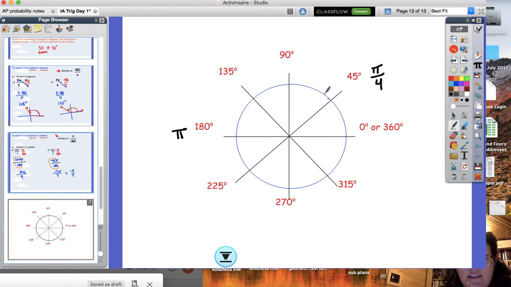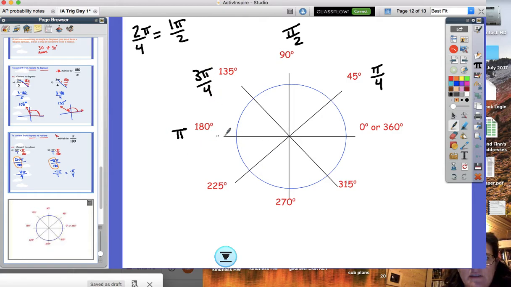90 degrees, do you see that's halfway to pi? That's pi over 2. Half of pi. So if this is 1/4, then this is technically 2/4. That would reduce down to 1/2. So I'm going to use the reduced version of it. So this is 1/4, this is 2/4, so this is 3/4, 3 pi over 4.